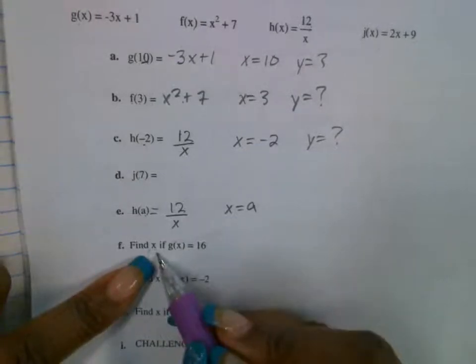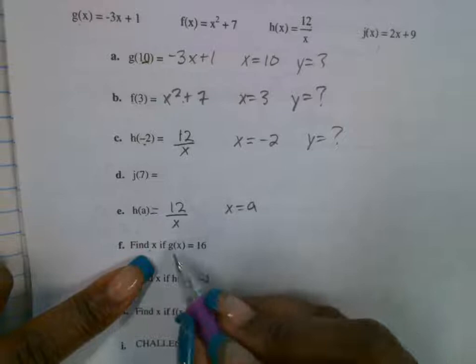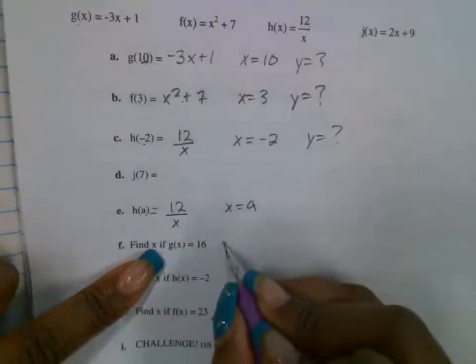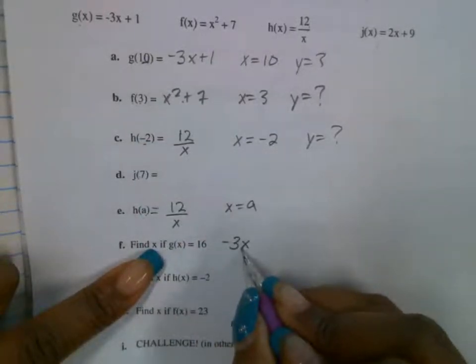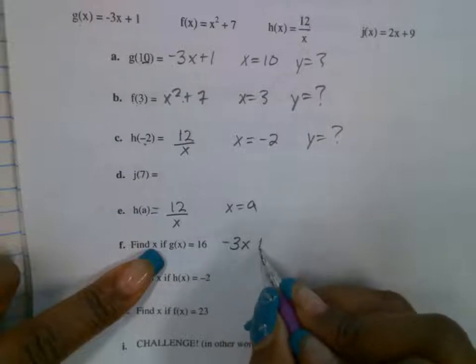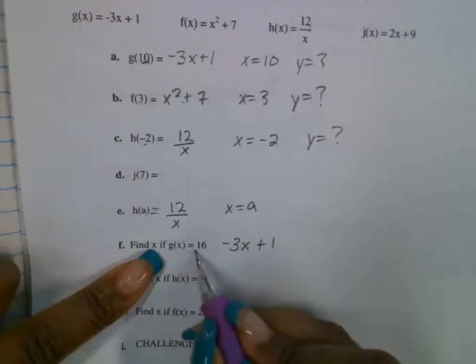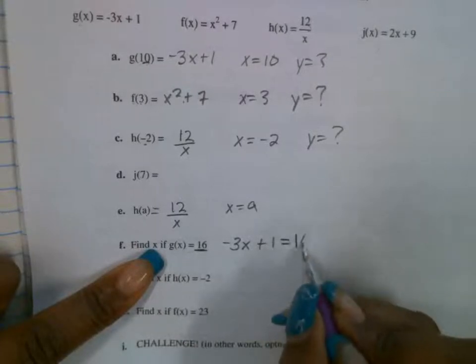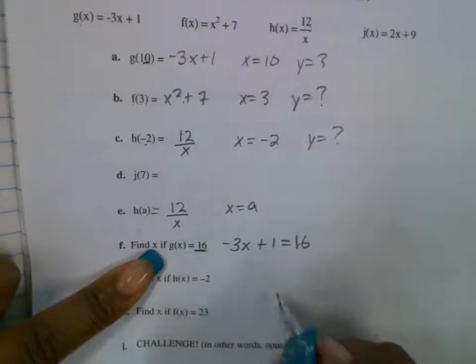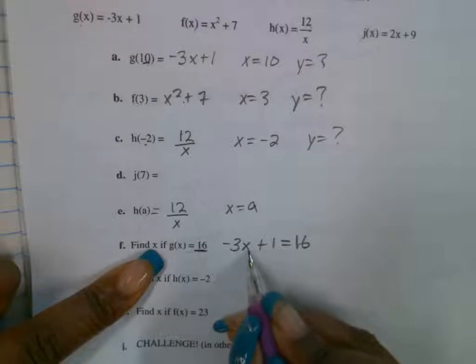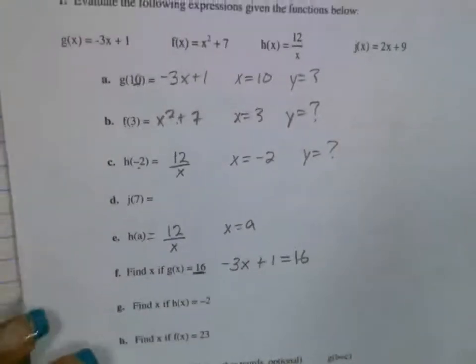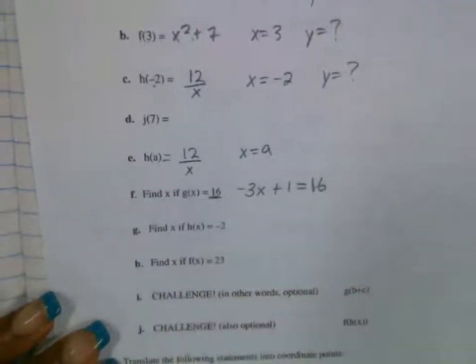Look at this, find k. So you're going to use the g equation, negative 3x plus 1. You already know that y is 16. So this is equal to 16, or you can put it on this side. Doesn't matter which side you put it on. And solve for x. Okay?